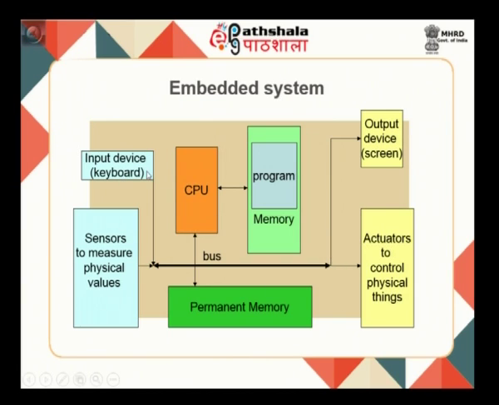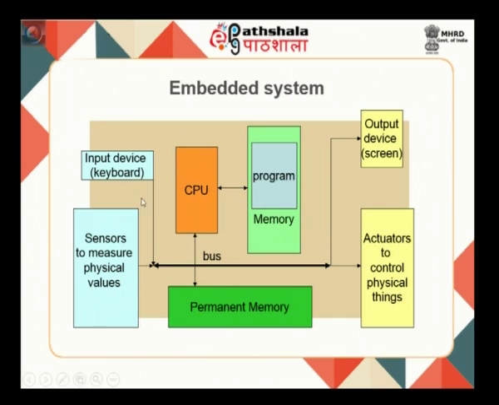There will be an input device connected to the CPU and an output device interfaced with the CPU. Remember that this is an embedded system, not a normal computer system, so I need to attach certain things for my purpose. For example, I will attach sensors to measure certain physical values, actuators to control physical changes, and some other devices if I want.